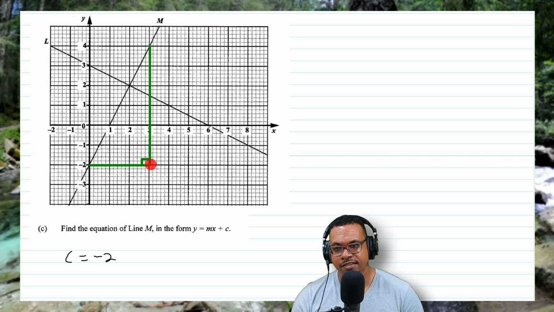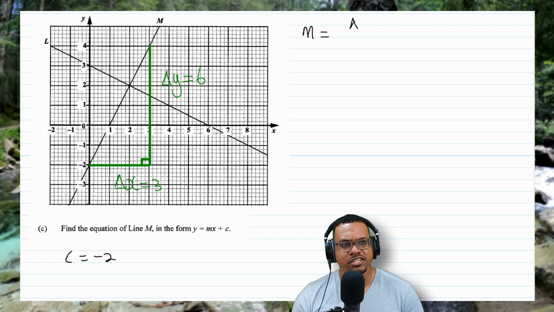My change in y, starting here, count 1, 2, 3, 4, 5, 6, so my change in y is equal to 6. And my change in x, counting from here, 1, 2, 3, so my change in x is equal to 3. So now my gradient m is equal to the change in y over the change in x. It's a positive gradient, so that's 6 over 3.